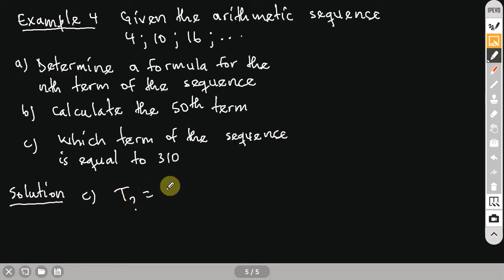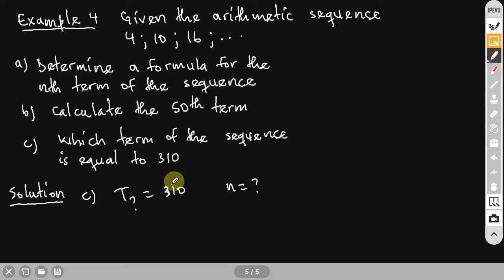So T what is equal to 310, or what is n when the value is 310. So 310 is also a term in this arithmetic sequence, and we want to find the position of 310.